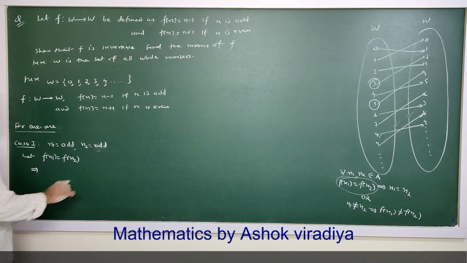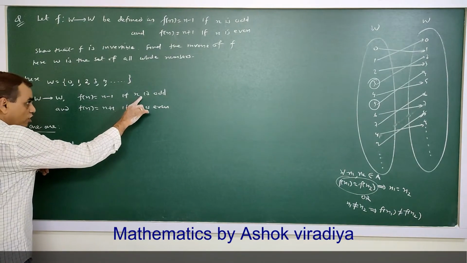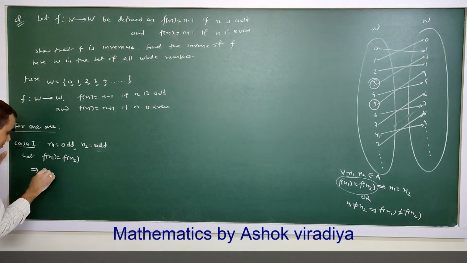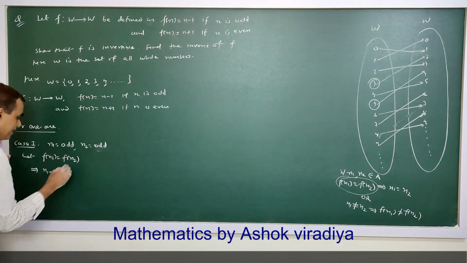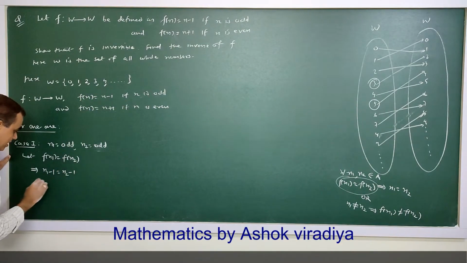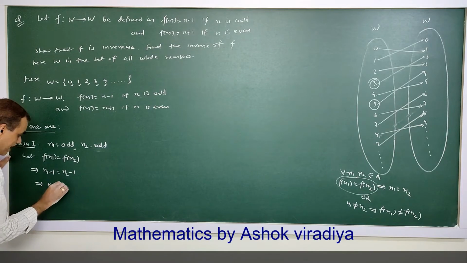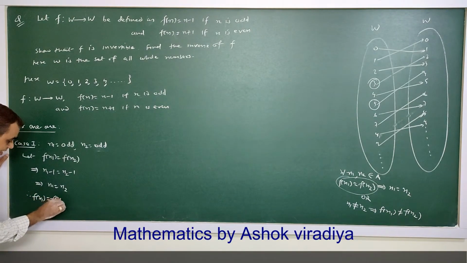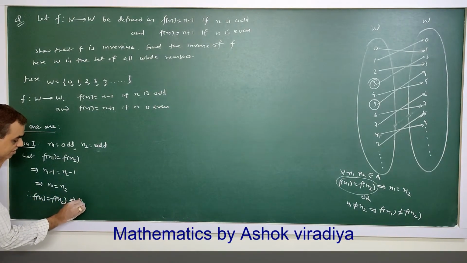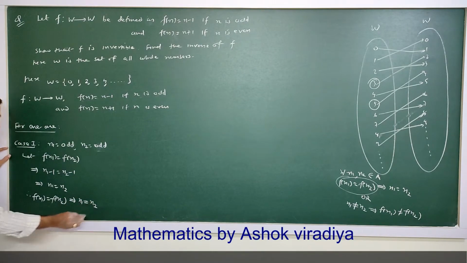Because n1 is odd, f of n1 is n1 minus 1. n2 is odd, f of n2 is n2 minus 1. So n1 equal to n2. So in case 1, what is proved? f of n1 equal to f of n2 implies n1 equal to n2.